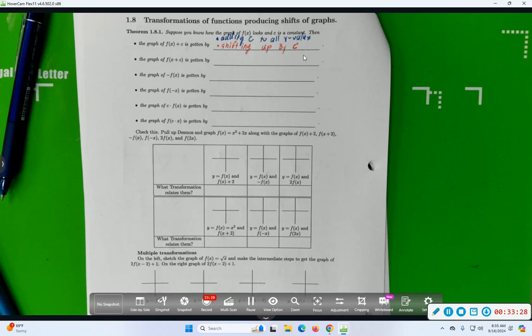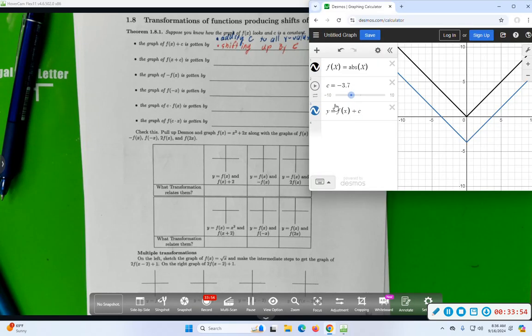Good. So maybe you remember, if it's in the parentheses, it's going to do the exact opposite of what you expect. You're adding to the x's, so you think that should shift right. But it does the opposite because it's inside of parentheses. I think it will shift to the left. Instead of trying to convince you of why that should happen right now, let's just see that it happens for this function. So here's this Desmos graph again. Let's graph f of x plus c.